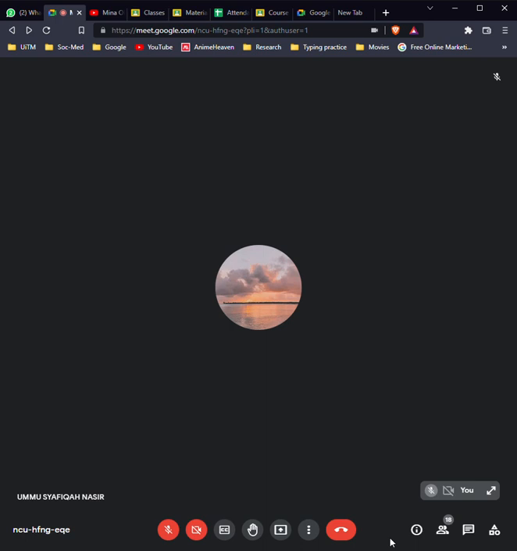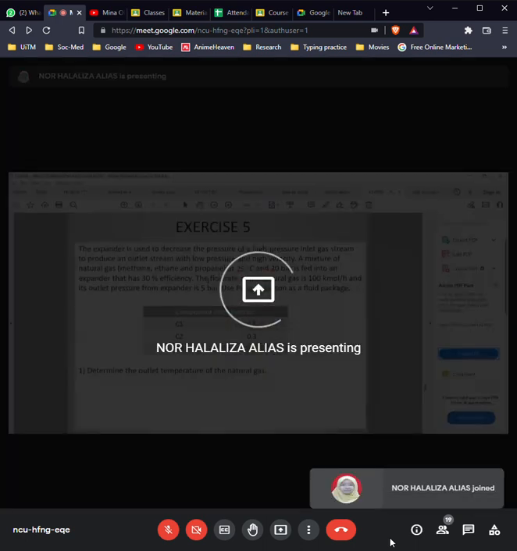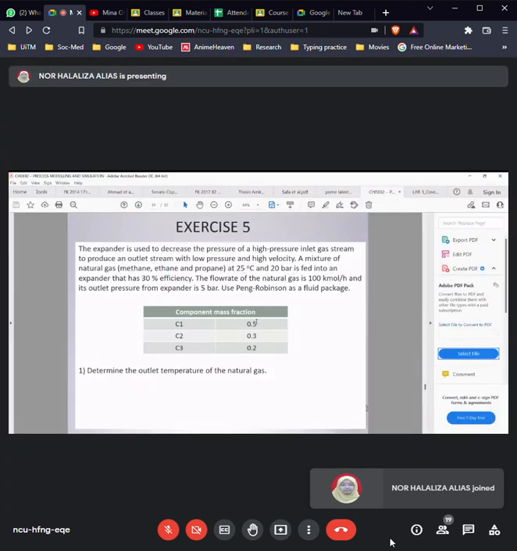Okay, so kalau kita tengok, you are given with mass fraction. So kita ada mass fraction and then nanti kita akan masukkan 25 degree C and also 20 bar on the stream. And also the flow rate, 100 kmol per hour.